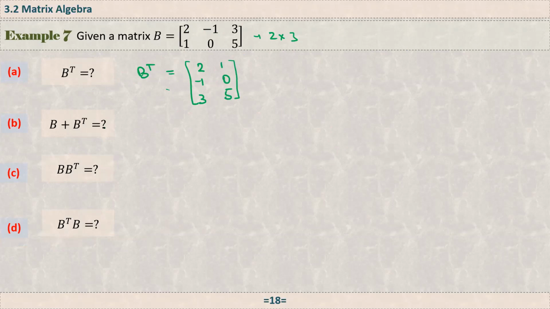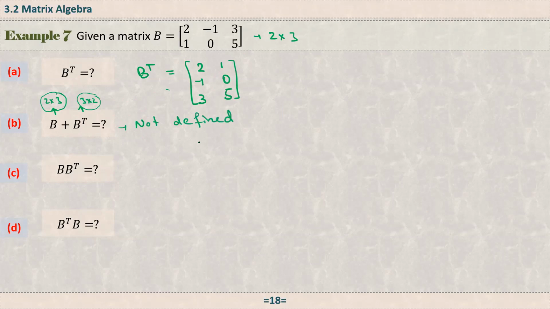And how about B plus B transpose? Here we have B, that is 2 by 3, and how about B transpose? That is 3 by 2. To be able to add two matrices, we know that they must have the same sizes or orders, right? And this one is 2 by 3, and this one is 3 by 2. So that means this addition is not defined.